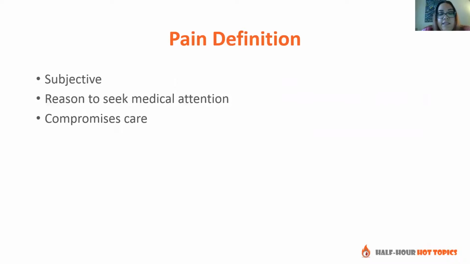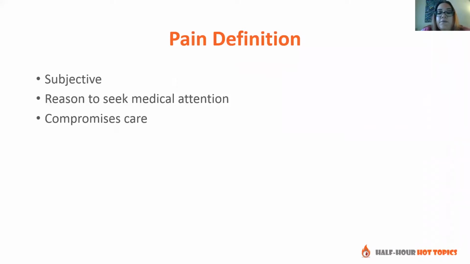Pain is, again, like I said, very subjective. It's whatever the experiencing person says it is and exists whenever he or she says it does. Pain is one of the most common reasons people seek medical attention, and it's often regarded as the fifth vital sign. Pain is also frequently perceived to be underassessed and undermanaged.